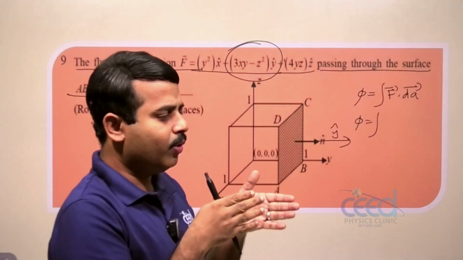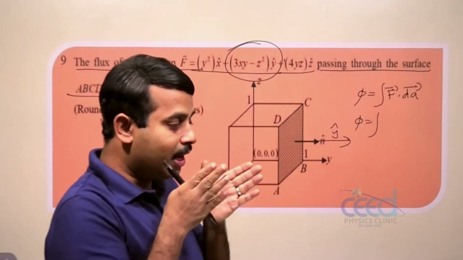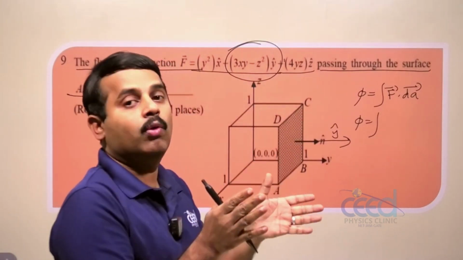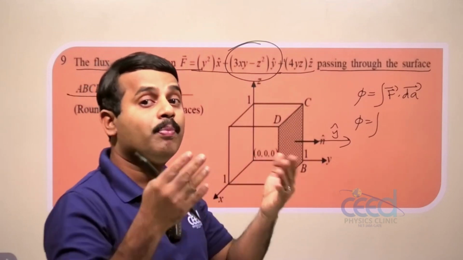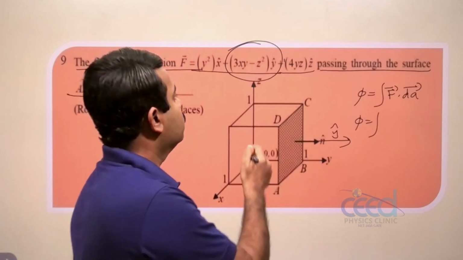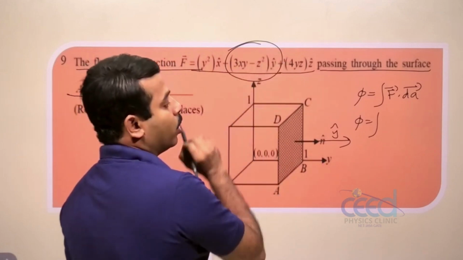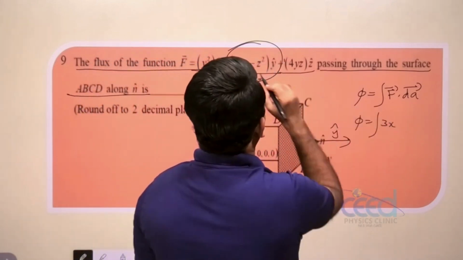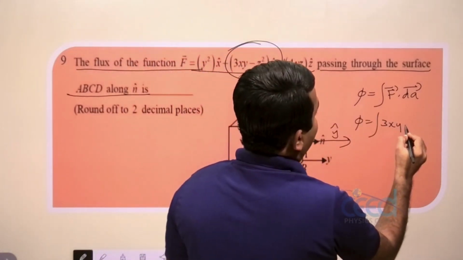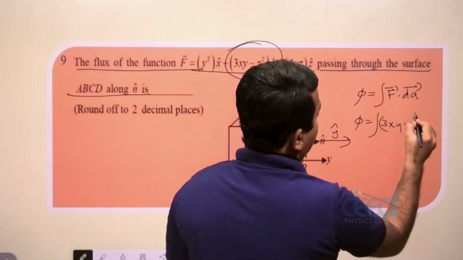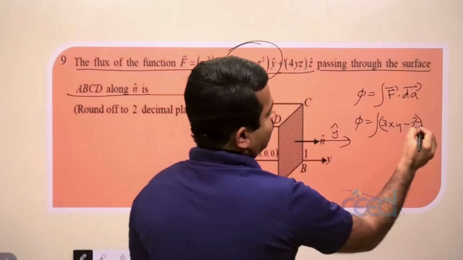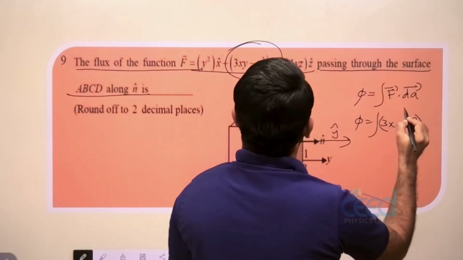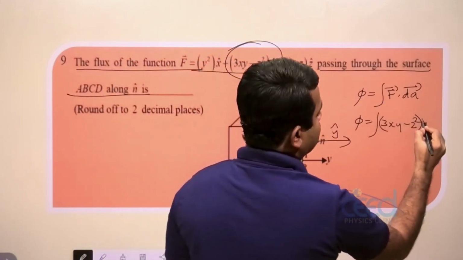Flux is the field lines passing through a particular area in a direction perpendicular, right? So I must require this component of this field, that is 3xyz² minus... z². Alright.